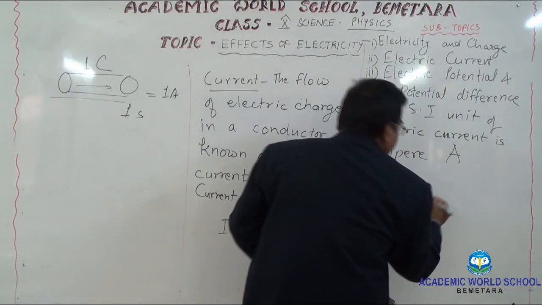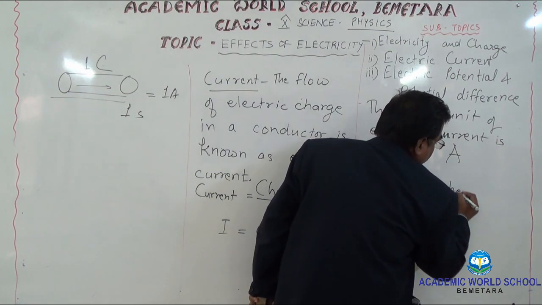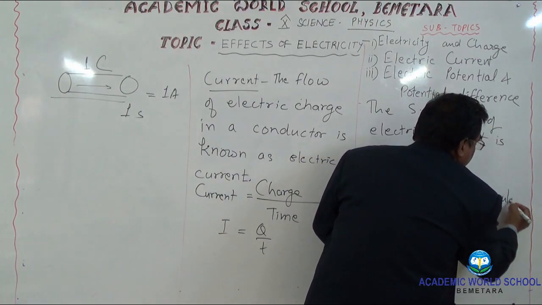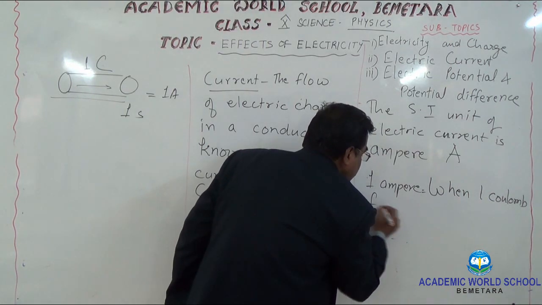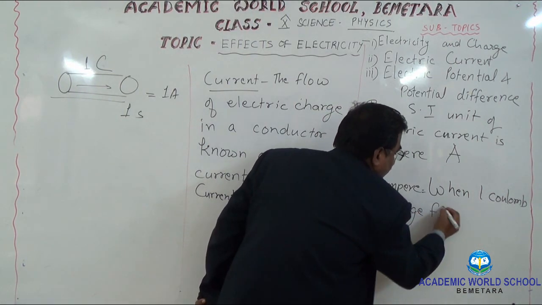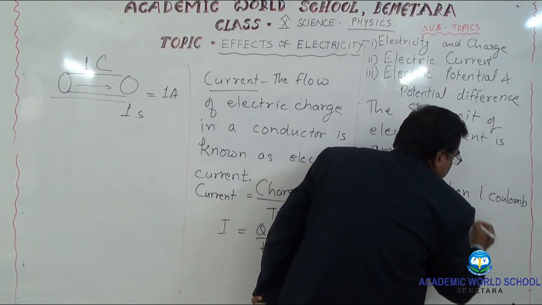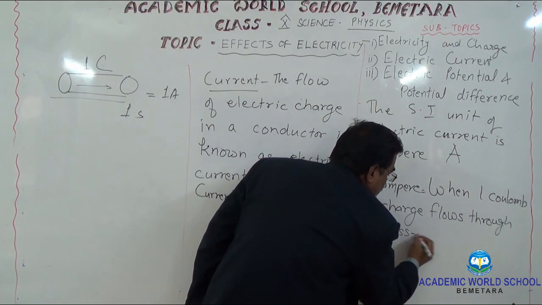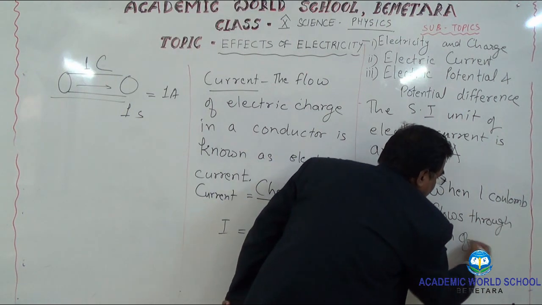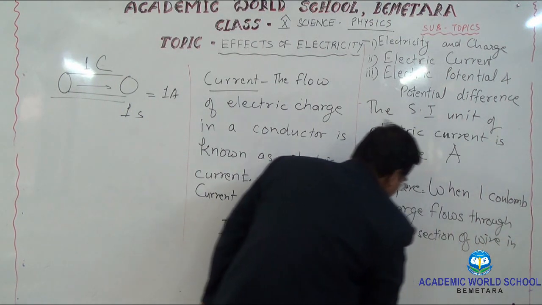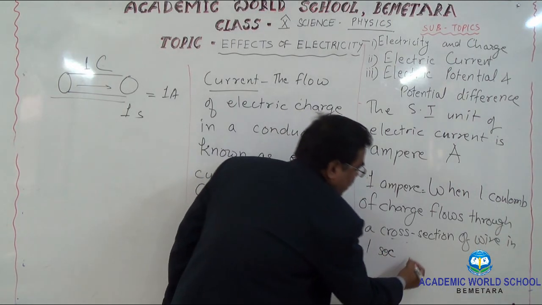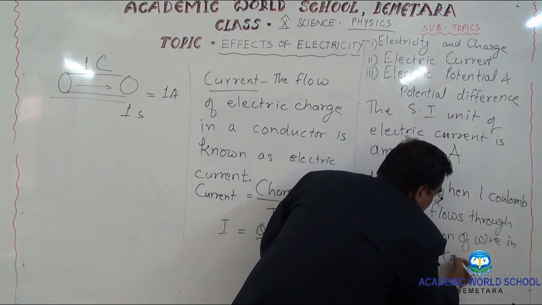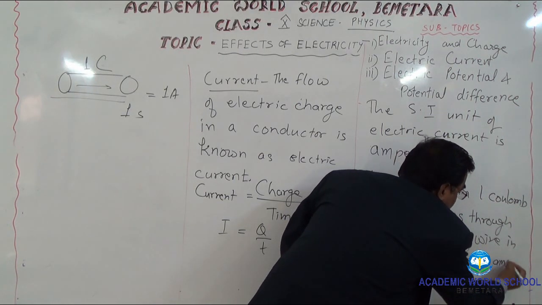So let us define 1 ampere: when 1 coulomb of charge flows through a cross section of wire in 1 second, it is called 1 ampere.